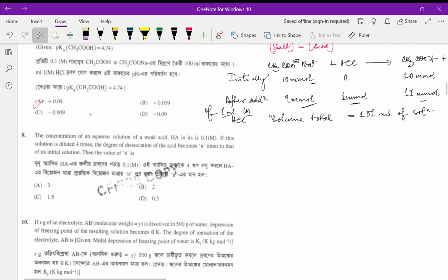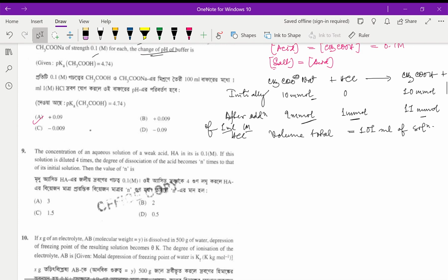Now we know for weak acids, if you consider HA going to H plus A minus, at equilibrium it is better to derive all this. We will say 1 mole of this is giving you alpha, where alpha is the degree of dissociation.